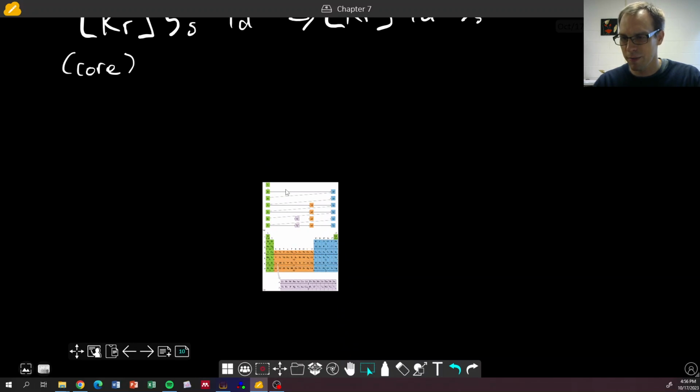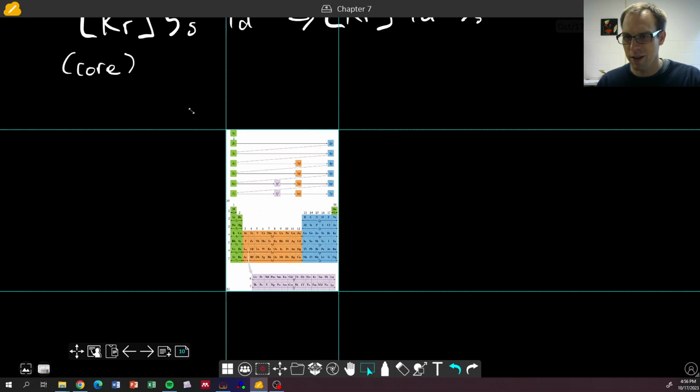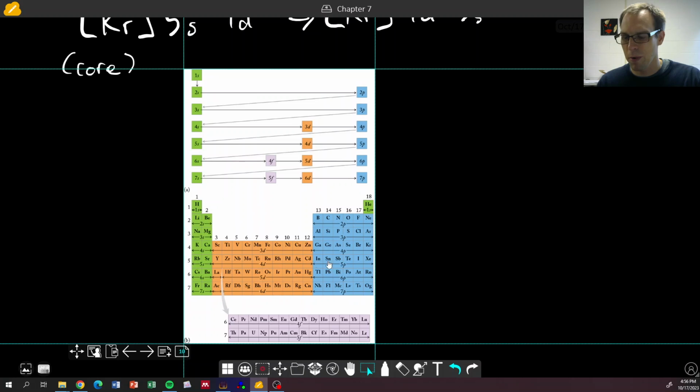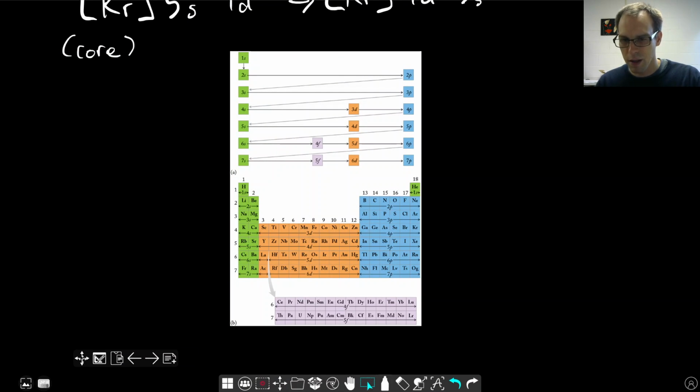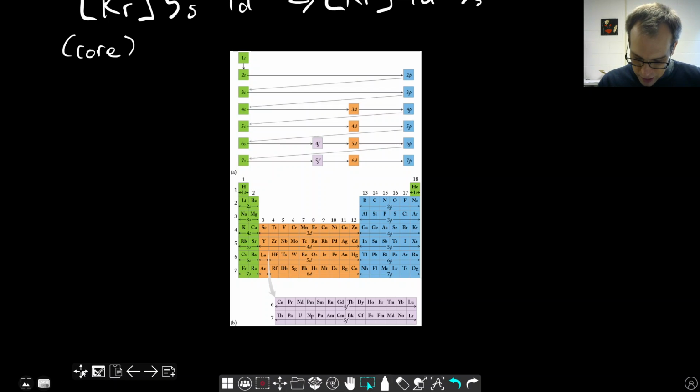We have different sections of the periodic table that correspond to these different orbitals being filled. On the left-hand side of the periodic table is what's called the s block, because here the final electrons being filled in are the s electrons, and that's how these elements all behave similarly along the same column of the periodic table.